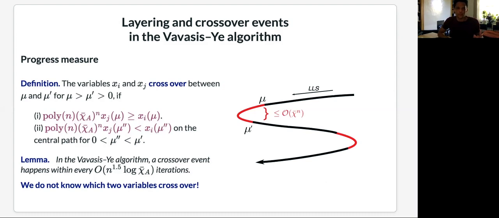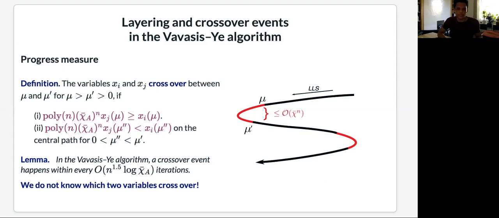So this combinatorial progress can only happen n squared times, and therefore after n squared of these events, our algorithm will terminate. Important to note is that we do not know which of these two variables are involved in such a so-called crossover event, because if we knew, then we could either project out the variable or set them to 0 and then recurse on a smaller instance.